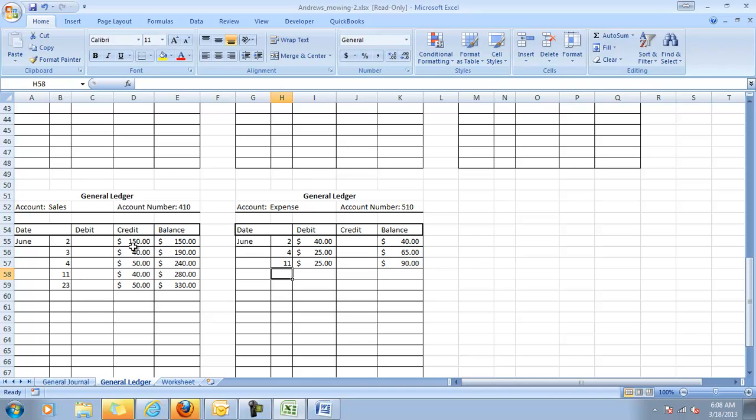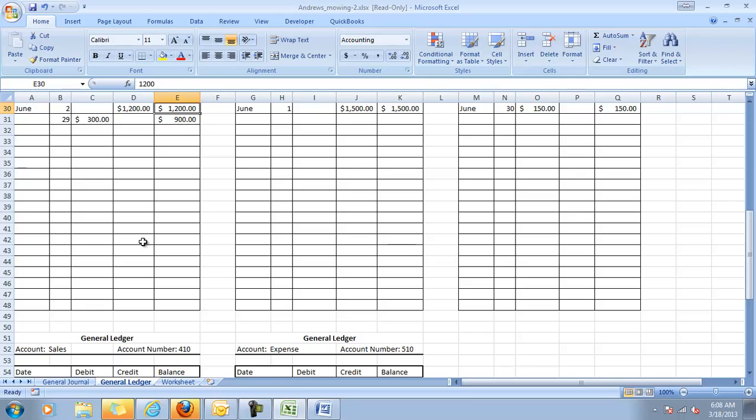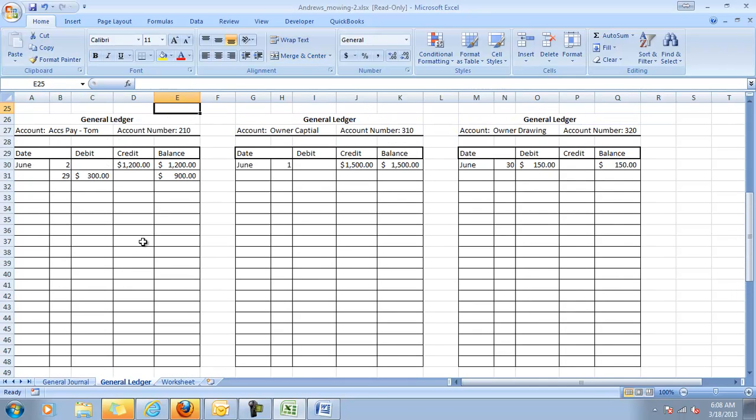So for instance, for the sales account, the normal balance is the credit side, and so when we have a credit, that increases our account, in the case of June 2nd, by $150. For accounts payable, the credit is also the increased side, so we had a credit of $1,200, and then we had a debit, which was the decreased side, so that brought it down to $900.